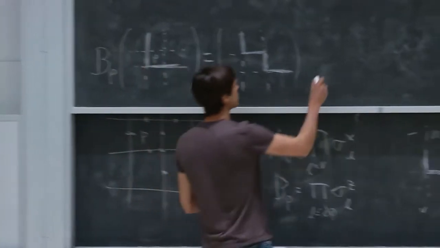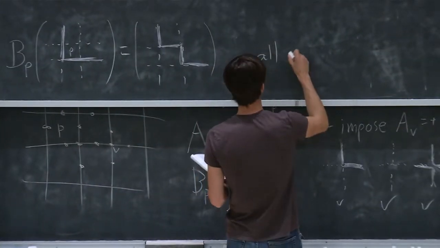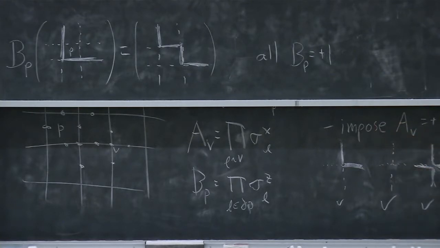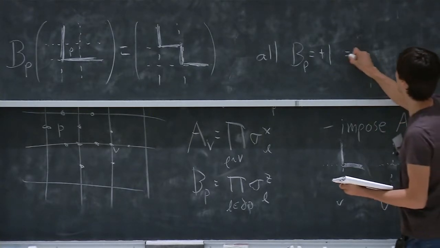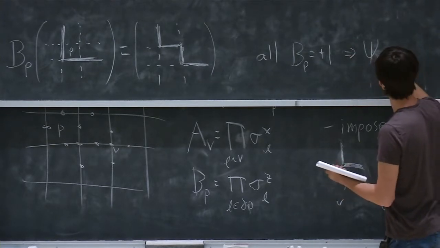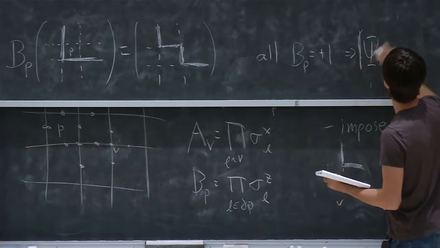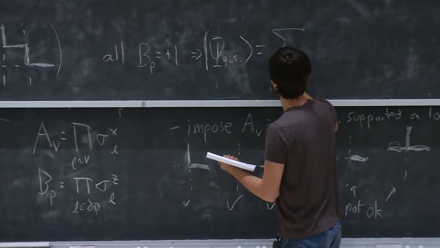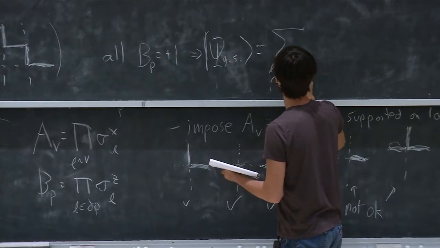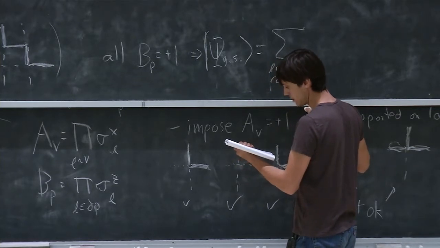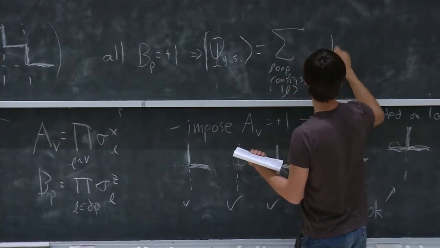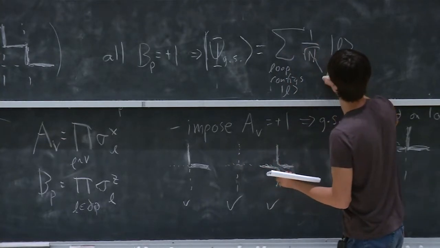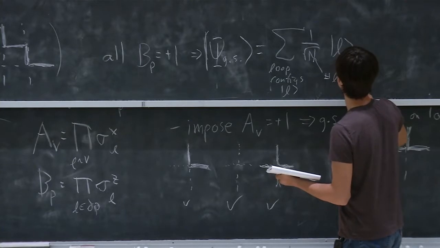And so if you impose all these B_p as constraints, as +1, looking at the lowest energy state in terms of the B_p, what you get is that the many-body ground state wave function is an equal amplitude superposition over loops: a sum over loop configurations L of |L>, with a normalization factor of 1 over the square root of n, where n is the number of different loop configurations, just so the state is normalized.